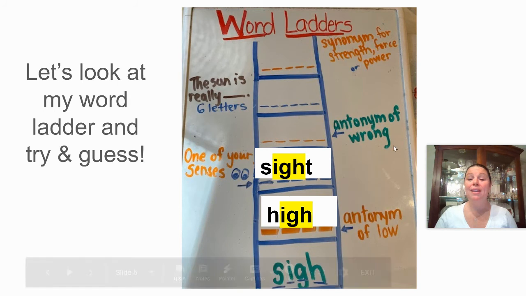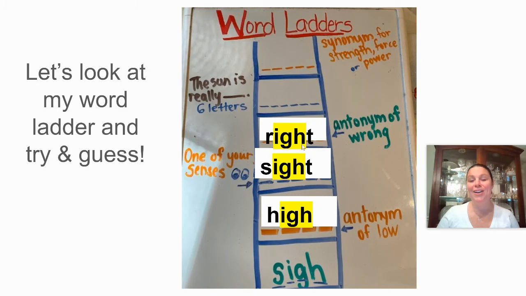And now I'm looking at the next one. It says an antonym of wrong. So if I'm not wrong, right, the opposite, I'm going to take the IGHT here and I'm going to make it right. And then the next one here has 1, 2, 3, 4, 5, 6. And I wrote 6 letters on the side. And it says the sun is really bright.